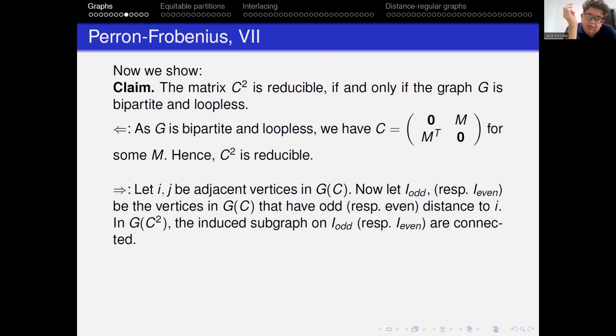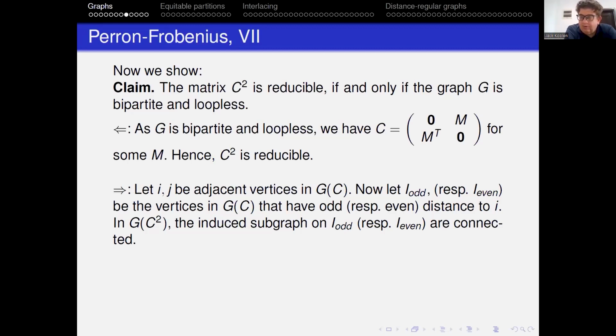In this graph C squared, the graph you construct from C squared, the induced graphs on the odd vertices and even vertices are connected. Why is that? Because the graph is connected, and you can only go with steps of 2.